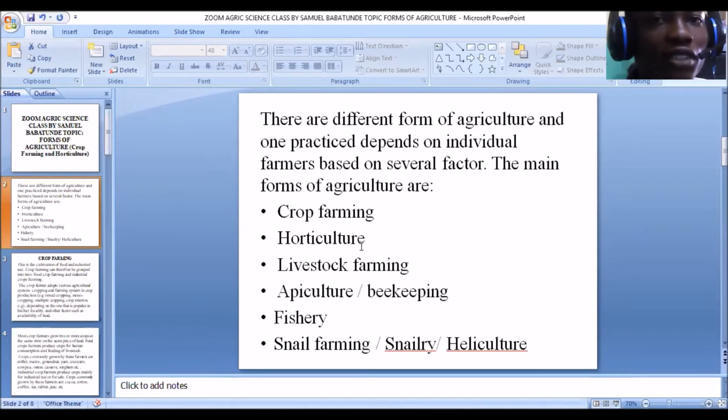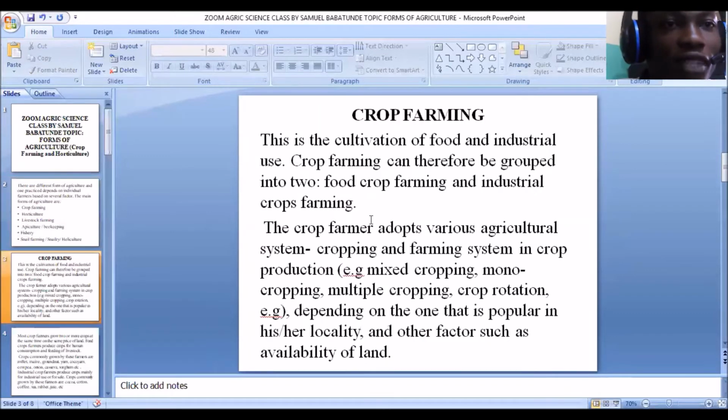But today we are considering the forms of agriculture, which include crop farming, horticulture, livestock farming, apiculture or beekeeping, fishery, and snail farming. For the sake of today's lesson, we are going to be considering only two: crop farming and horticulture. Now let's proceed to crop farming.